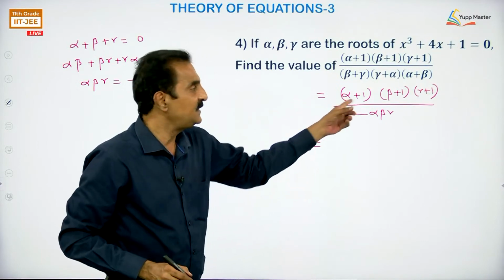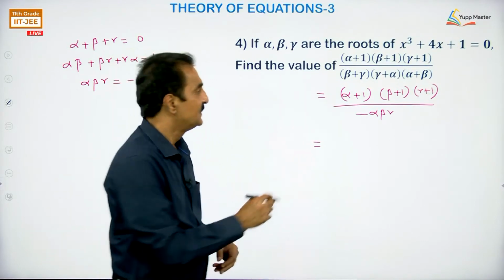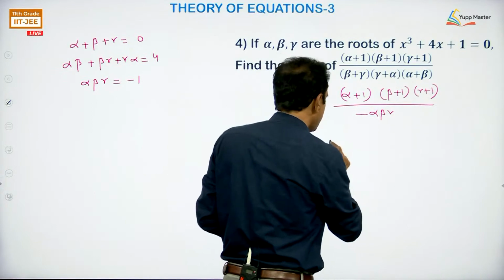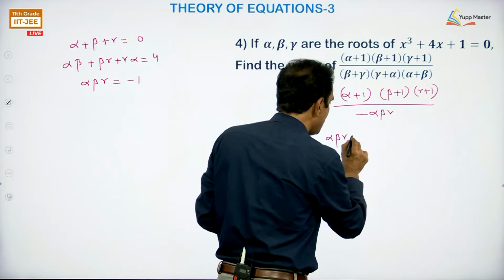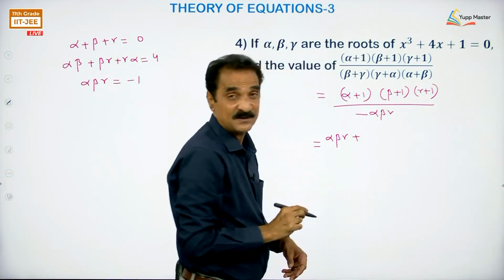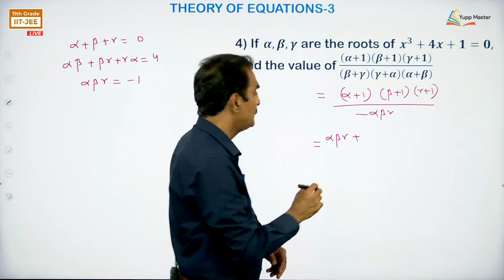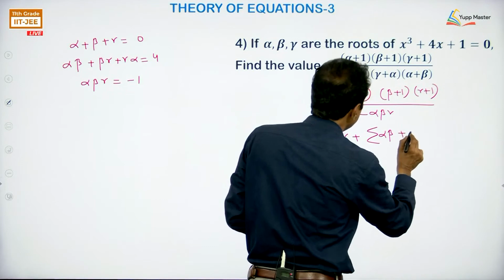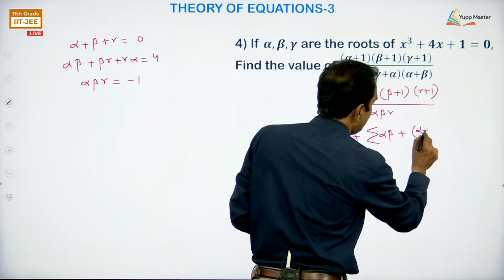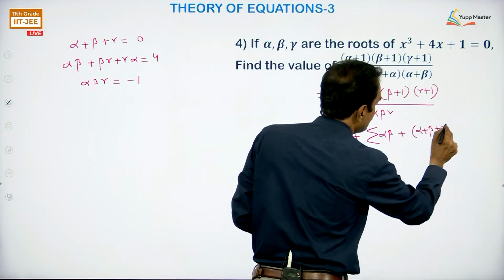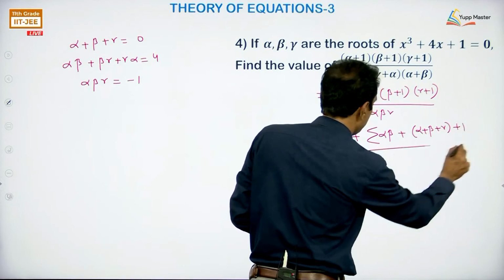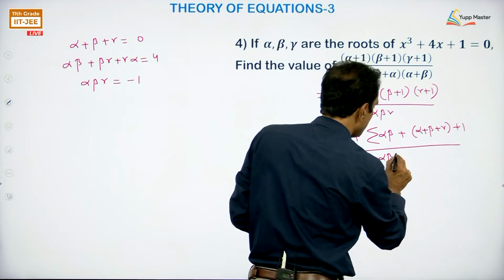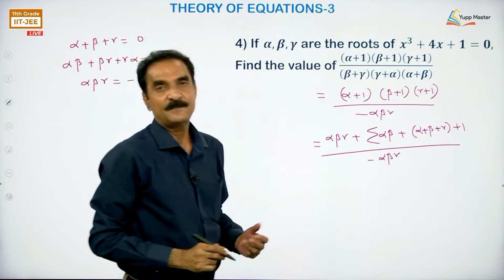Now, multiply the 3 brackets in the numerator. If you multiply these 3 brackets, you will get alpha beta gamma plus alpha beta plus beta gamma plus gamma alpha, we can write it as sigma alpha beta, plus alpha plus beta plus gamma also, plus 1, divided by minus alpha beta gamma.